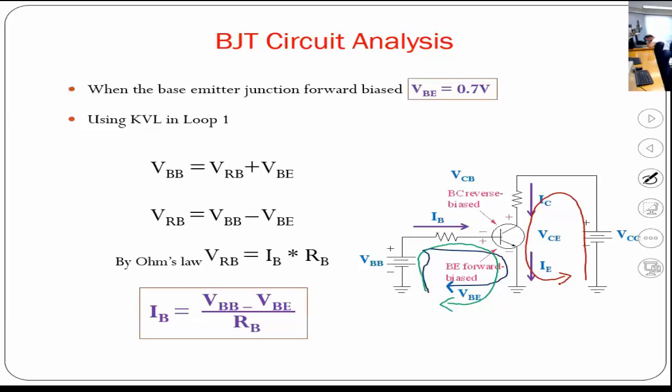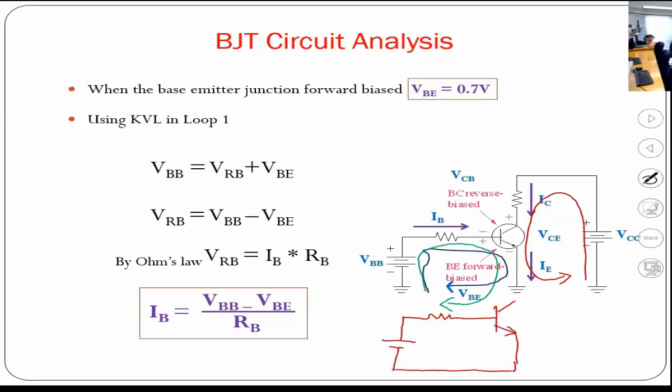You guys remember Kirchhoff's voltage law, correct? The sum of the voltages should be equal to the source voltage. So in this loop, I'm going to redraw this side of the loop purely on this side. I'm going to ignore the other side.